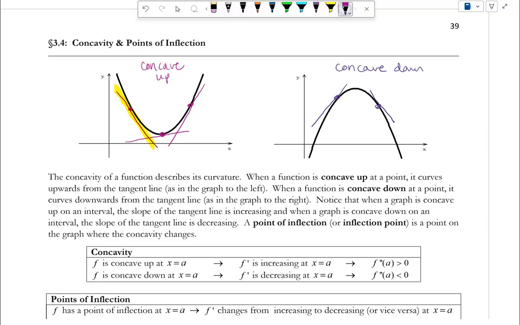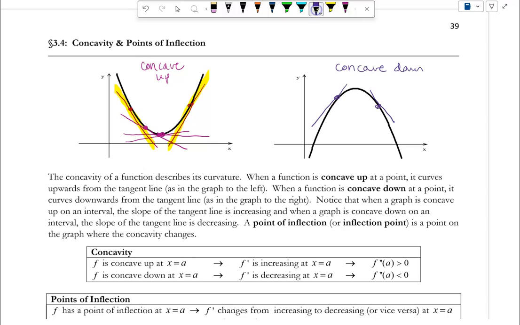And as I get closer and closer to the minimum, it still has a negative slope, but the slope is getting less negative. At the minimum, we know the slope would be exactly 0. Man, I'm drawing a lot of tangent lines on this. And then as we get away from the minimum, our slope is positive and it gets steeper and steeper.